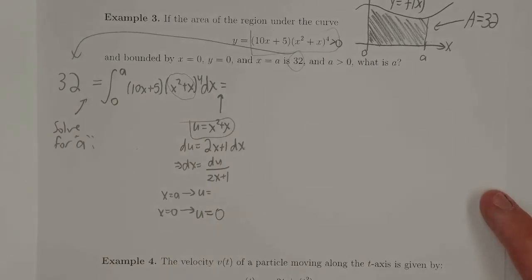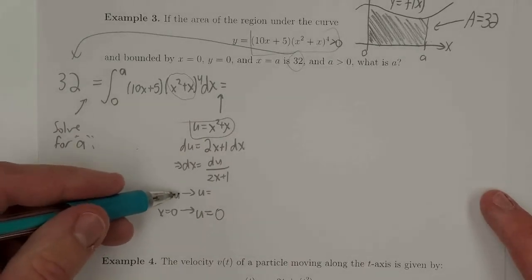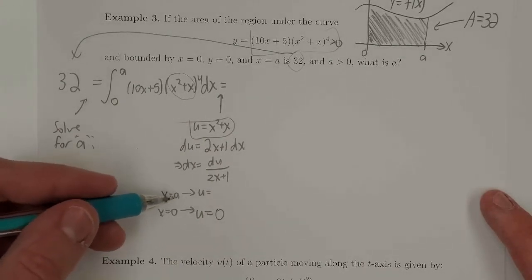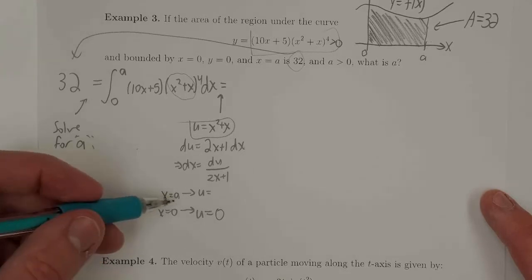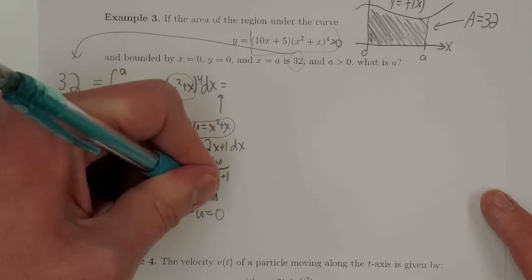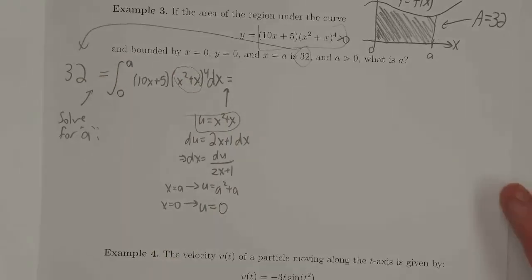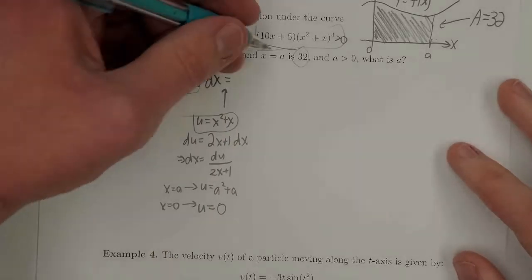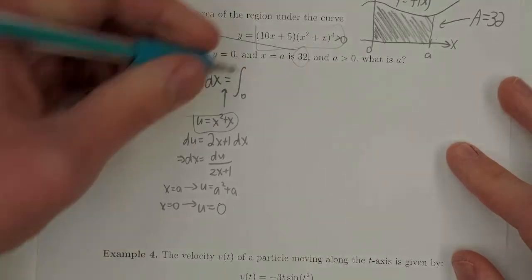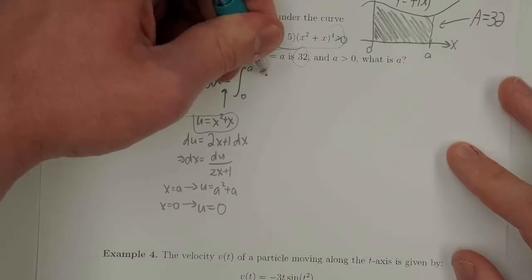No problems there. But then the only thing we can really do with this is say, all right, well, if we let x equals a, the best we can do is just a squared plus a. That's the best we can do. Okay. So from here we say, all right, going from 0 to a squared plus a.